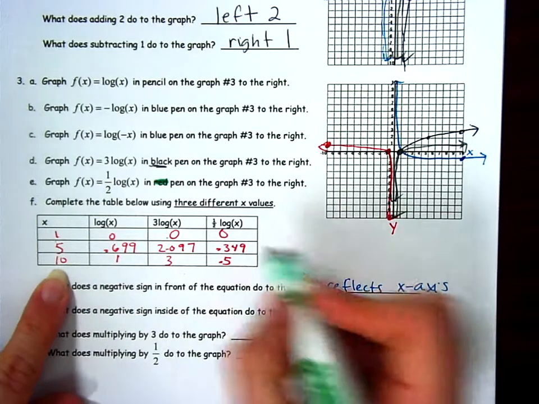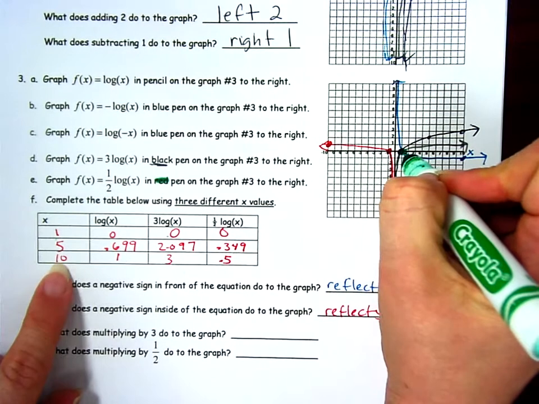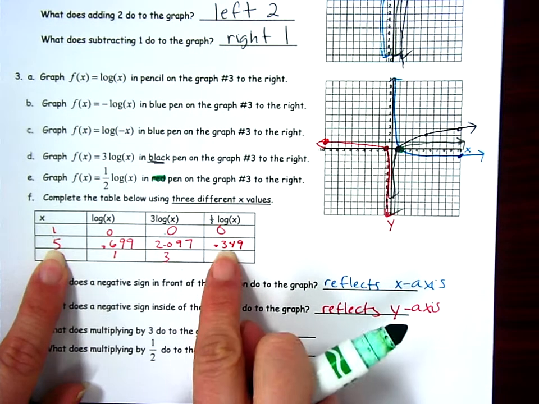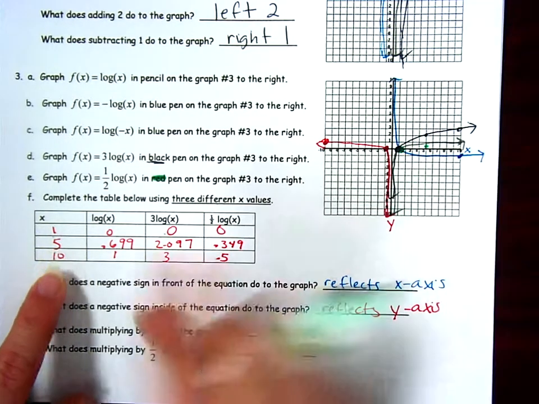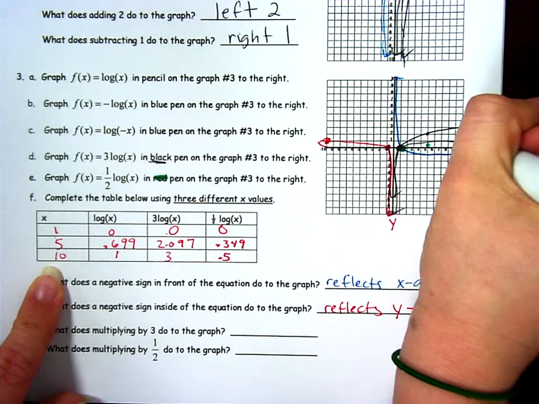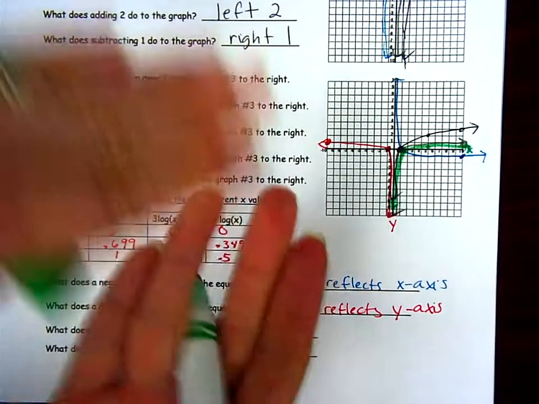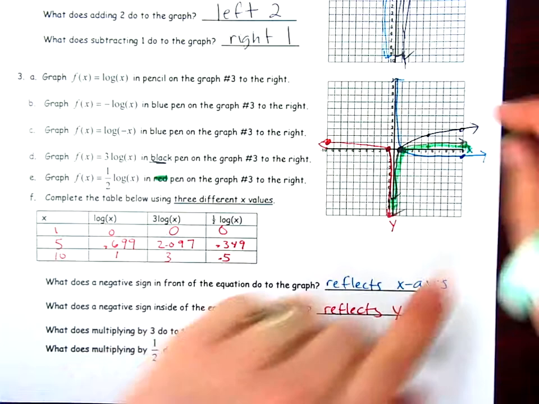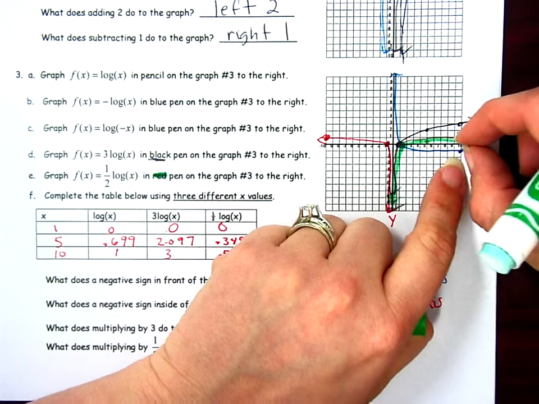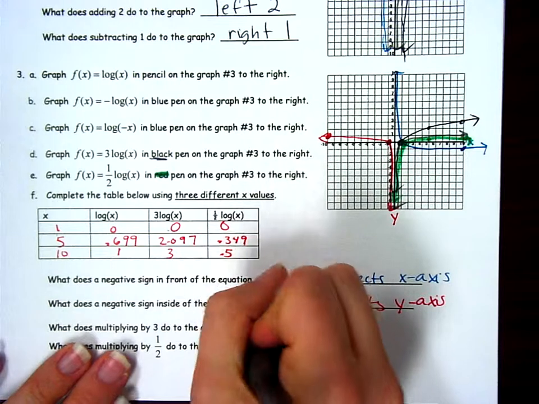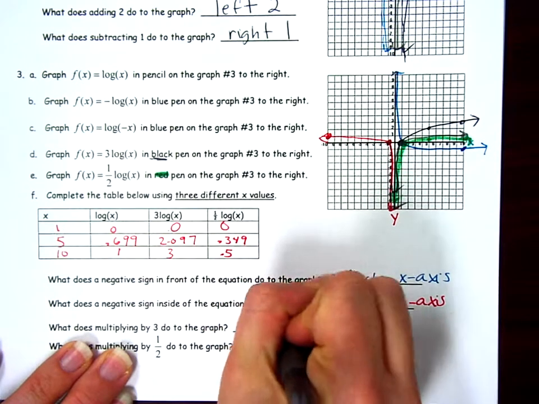I'm going to use this one in green, so instead of red, I'm going to use green. So my 1/2 log, we have the point (1, 0). We have the point (5, 0.3), and we have the point (10, 0.5). So now it's only coming up half as high. So this is vertically stretching it or shrinking it. The 3 makes it 3 times taller. The 1/2 makes it come up only half as tall.